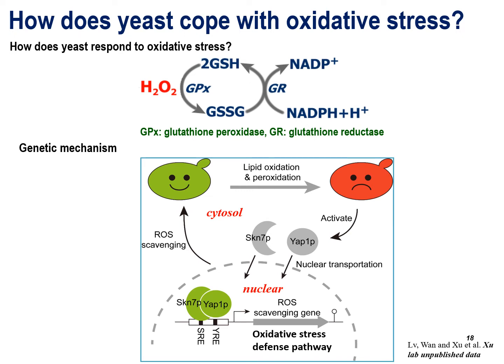Then the disulfide bond formed in SKN7 and YAP1 will be released. The SKN7 YAP1 heterodimer will dissociate and be exported out of the nucleus. In this way, the cell can cope with the oxidative stress.